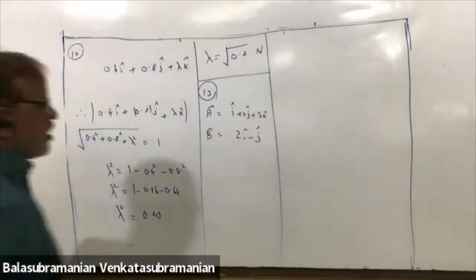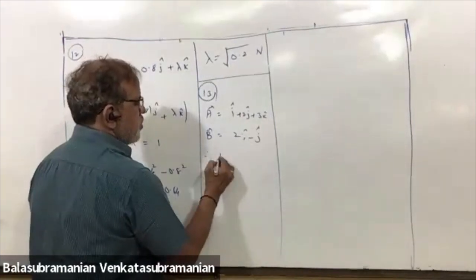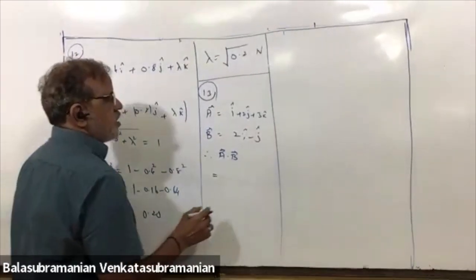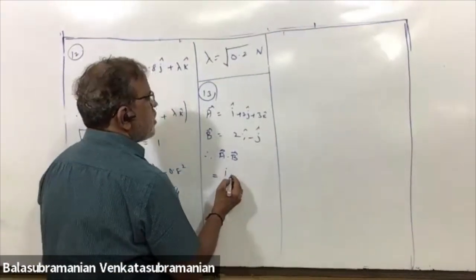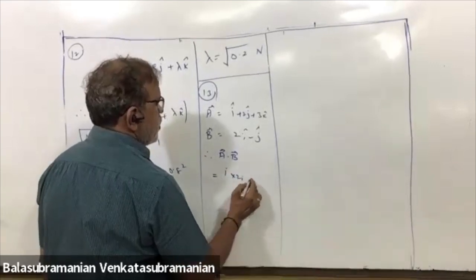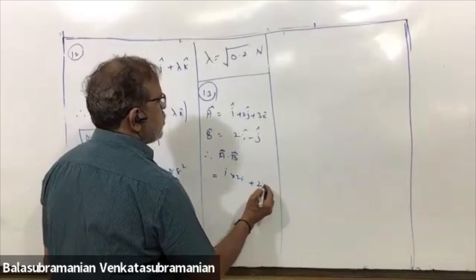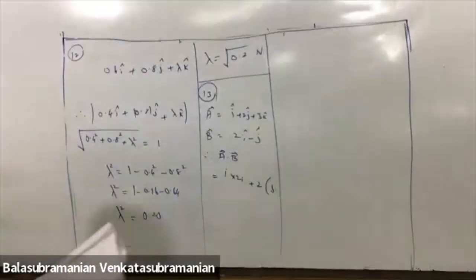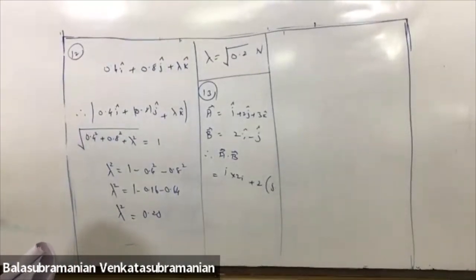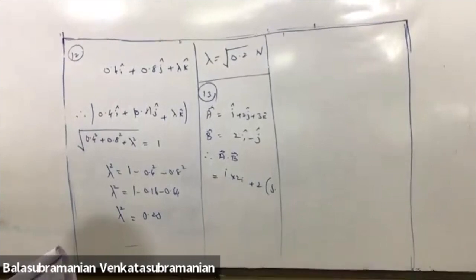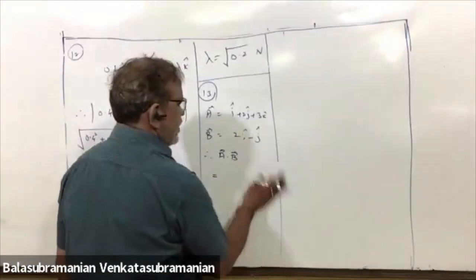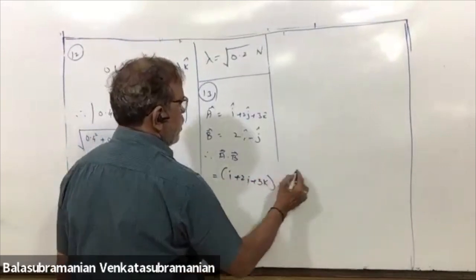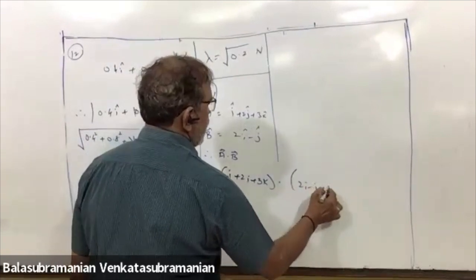Calculate A dot B. i into 2i plus 2j into dot minus j. Or you can keep it as it is: i plus 2j plus 3k dot 2i minus j plus 0.